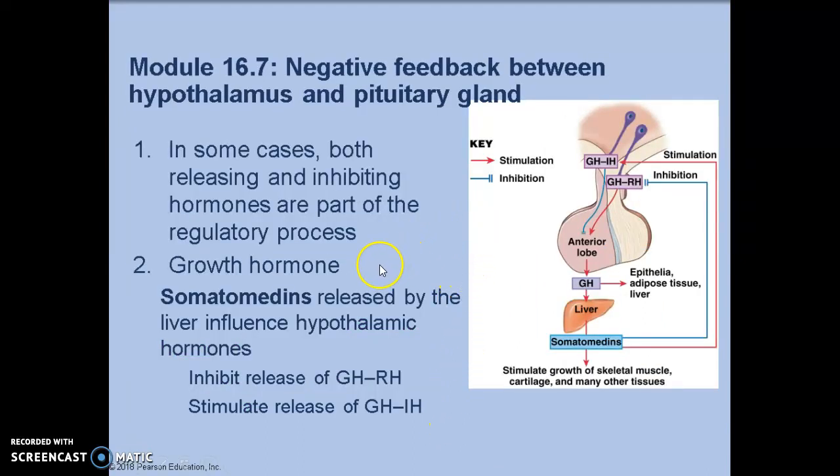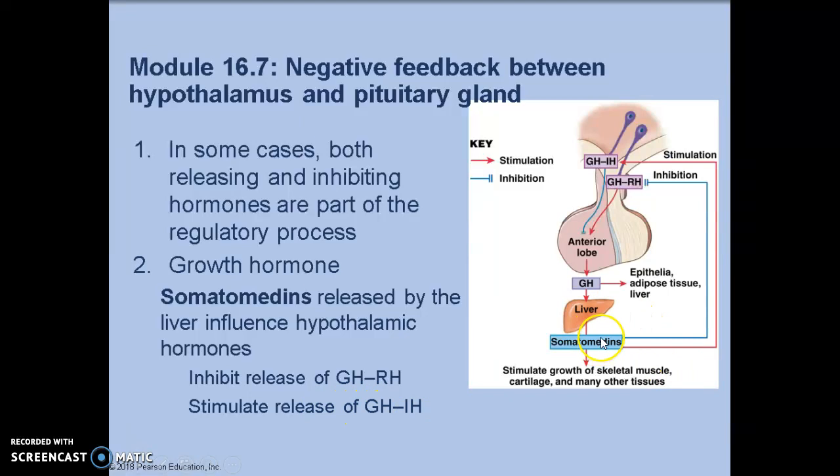In some cases, both releasing and inhibiting hormones are part of the regulatory process. Somatomedins are released by the liver. Those are the ones that stimulate cells to increase protein production. These somatomedins are going to inhibit the release of growth hormone releasing hormone and stimulate the release of growth hormone inhibiting hormone.